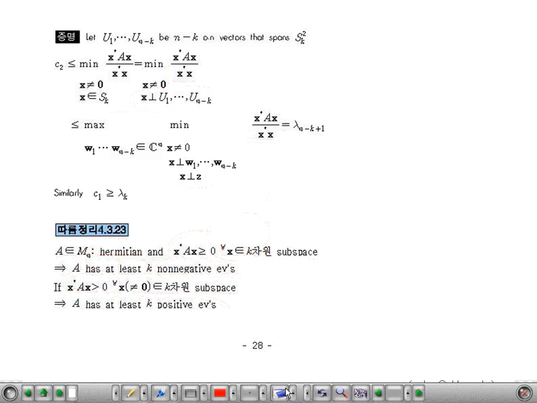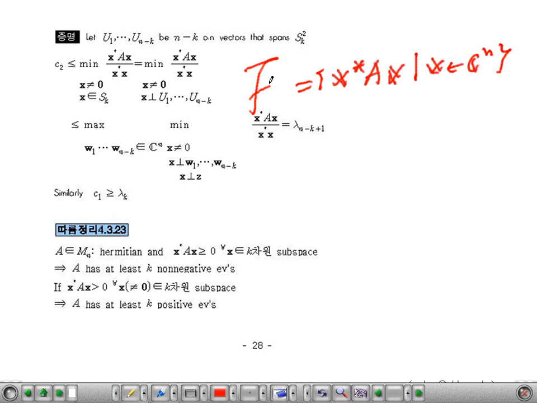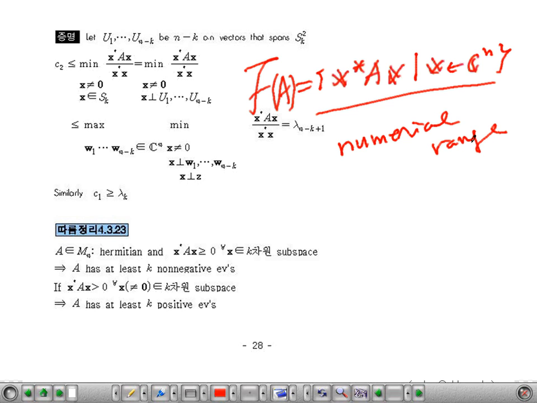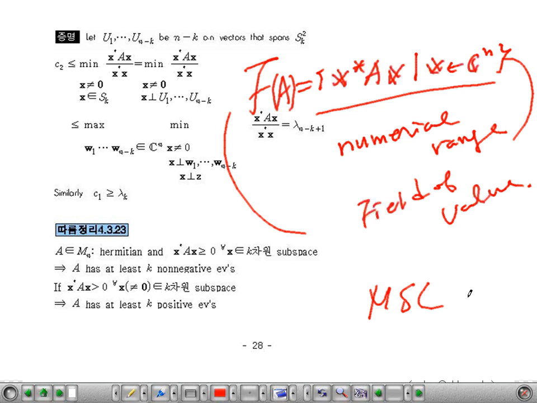So there is a field of study, which is a set of values, we call it the numerical range, or field of values. If you go to the Mathematics Subject Classification 2000, then you will find this area of research.